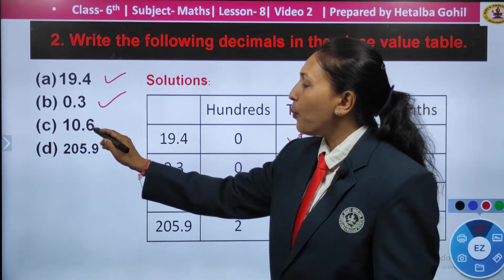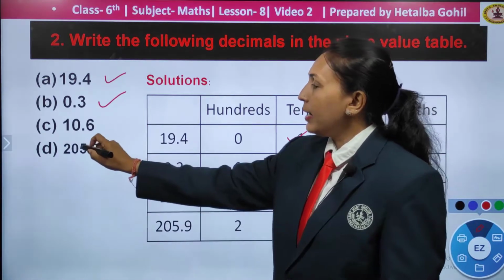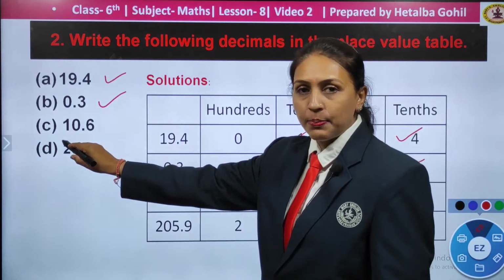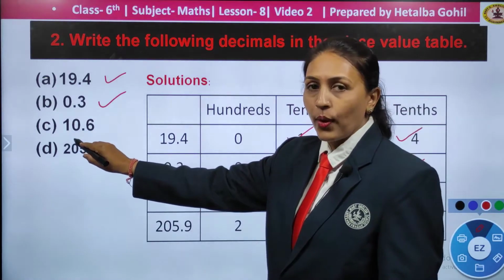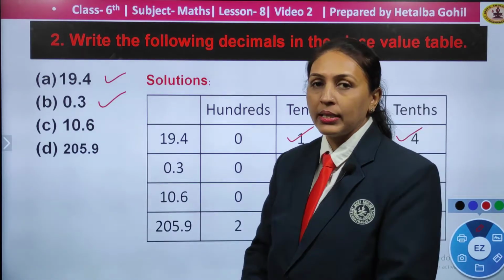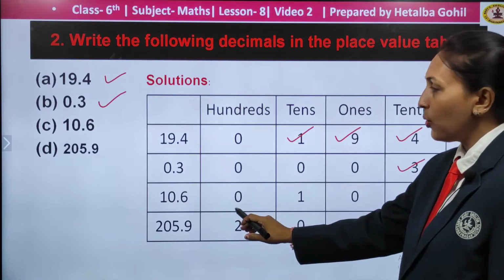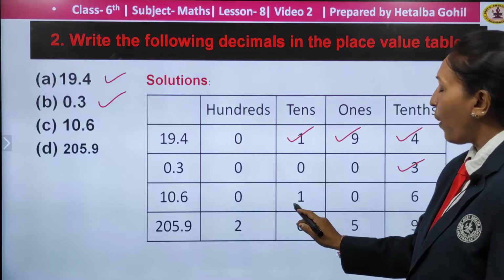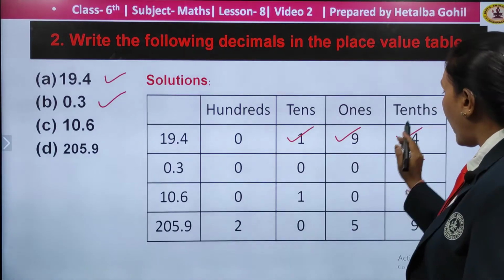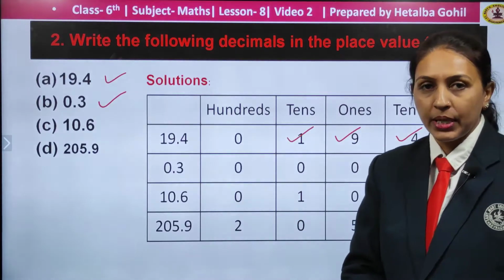Next 10.6, wherein 1 is at the tens place, 0 is at the ones place and 6 we have at the tenths place. So hundreds there is no number, so we will put 0, tens we have 1, ones we have 0 and 6 again under the tenths.